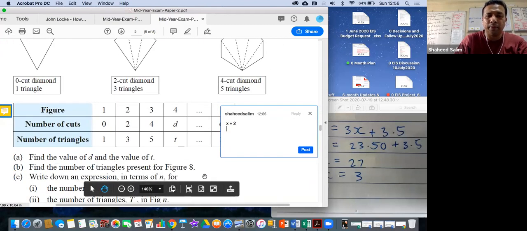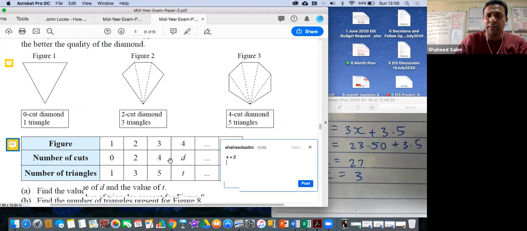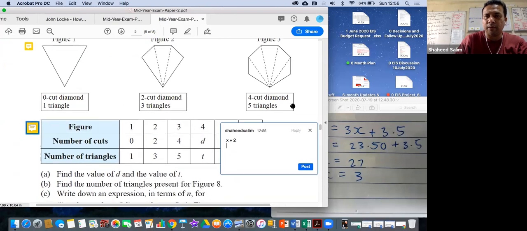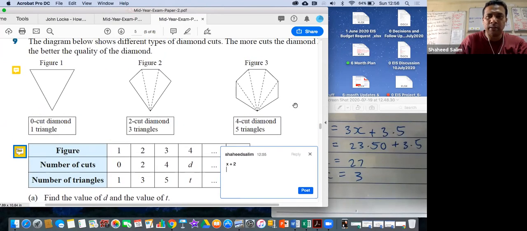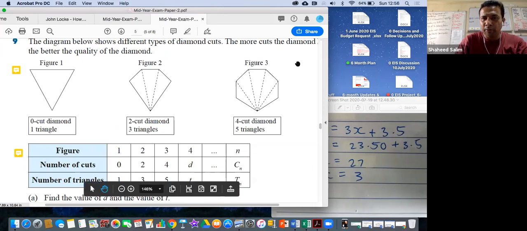Figure 8, how many triangles are there? You understand what I'm saying? Can you think through this? We are looking at, let's say now, figure 4, you say 6 and 7.